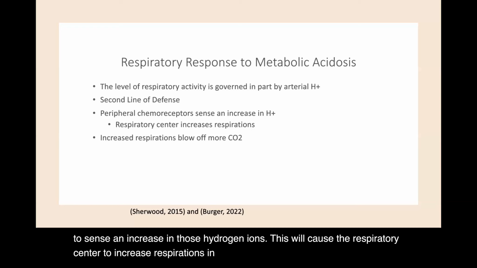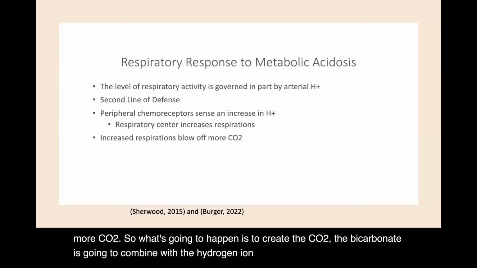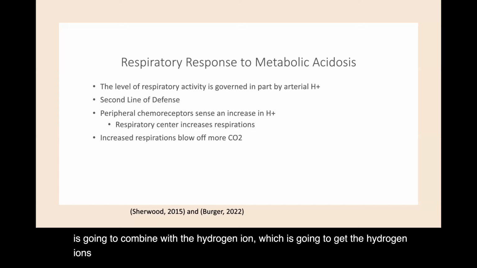Increased respirations are going to blow off more CO2. So what's going to happen is to create the CO2, the bicarbonate is going to combine with the hydrogen ion, which is going to get the hydrogen ions out of the blood and hopefully decrease the concentration of hydrogen ions.